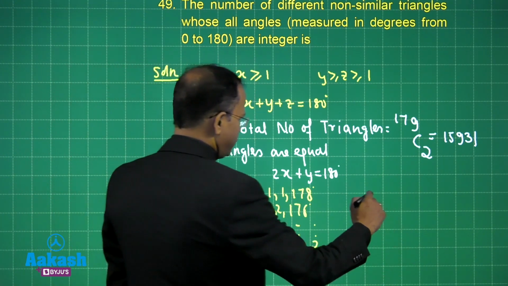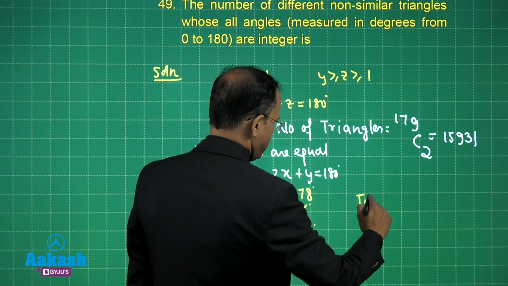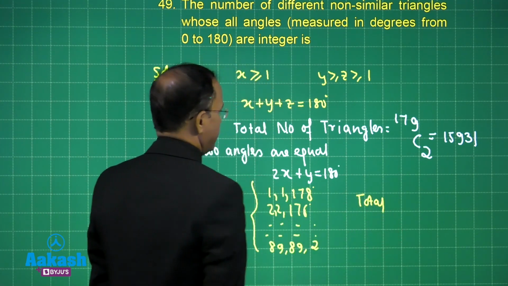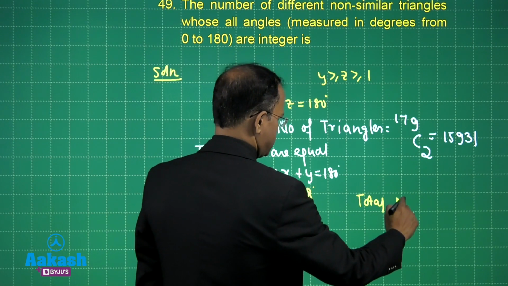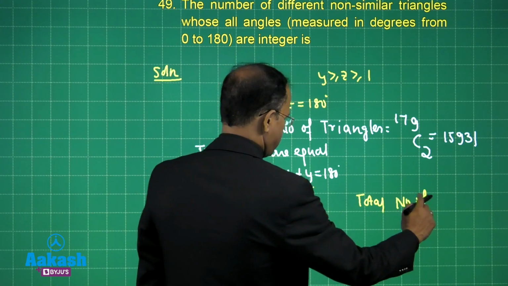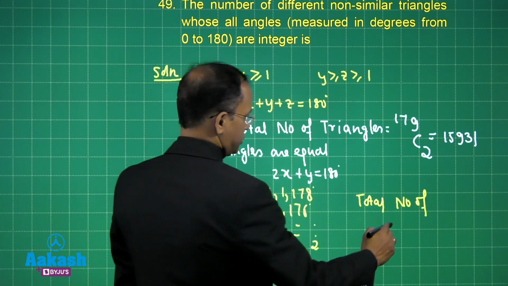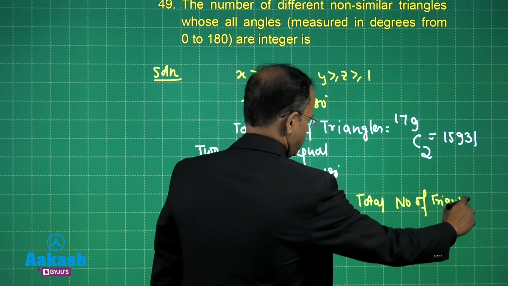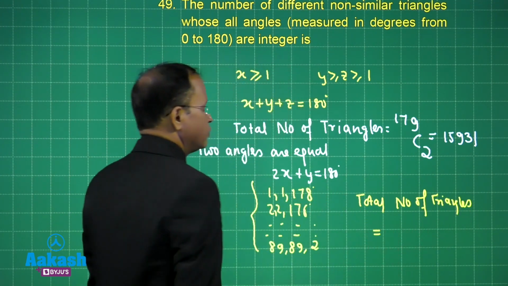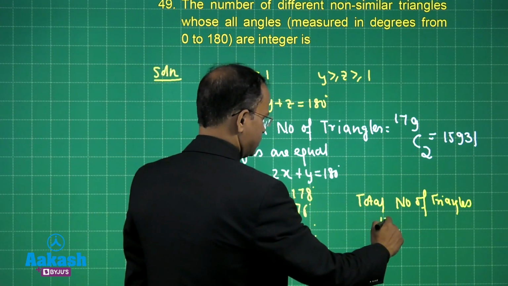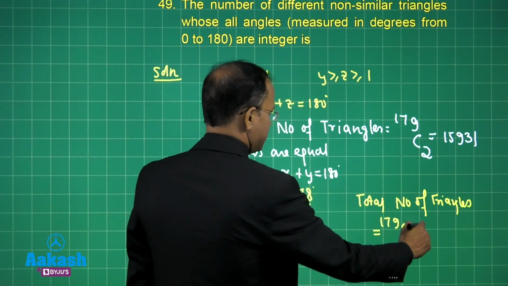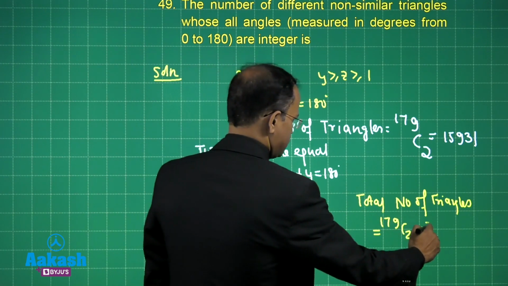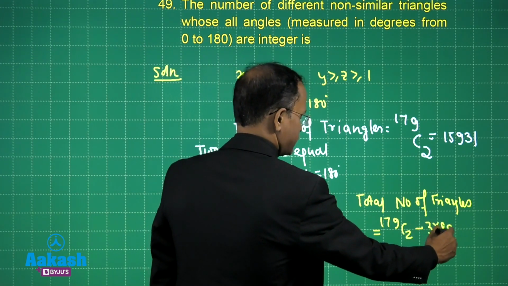So what we can say is the total number of different triangles we require is always going to be equal to 179 C2 minus 3 times 89, because we have 3 cases, right?